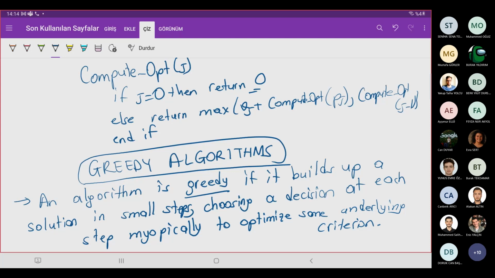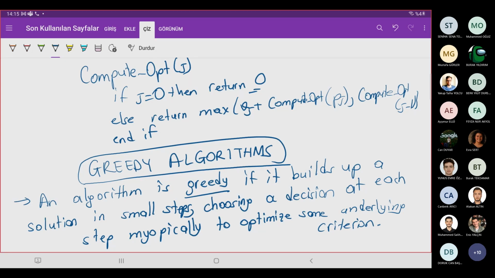First of all, the greedy design technique is simply an algorithm design technique, just like the previous ones. It does not guarantee us an optimal solution in every problem, okay?